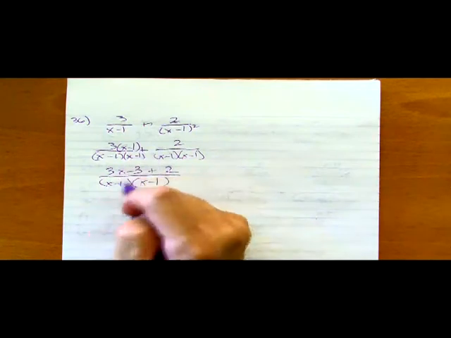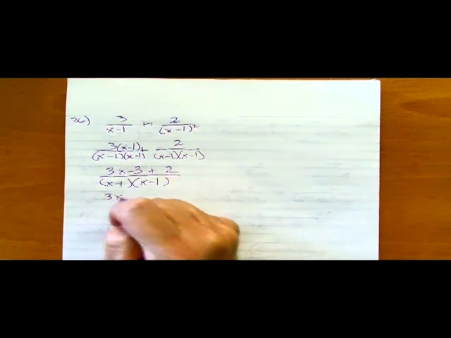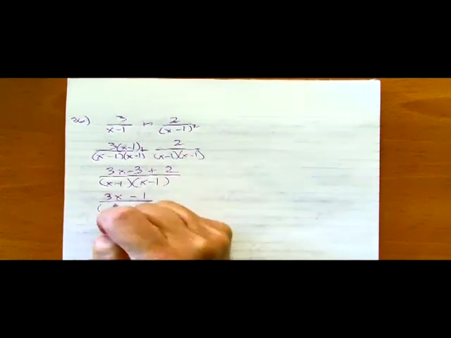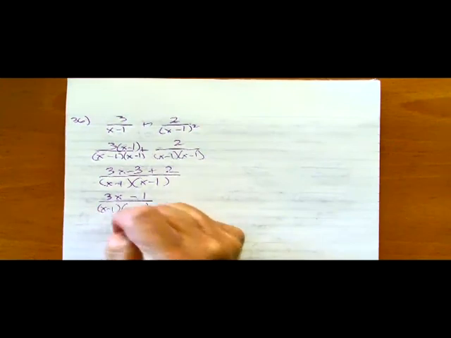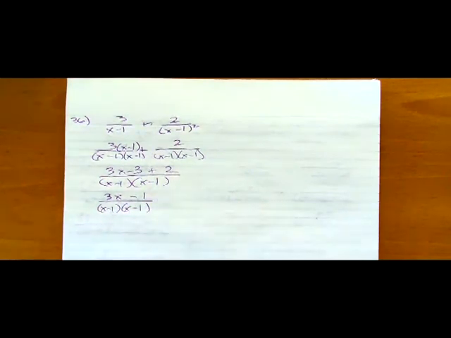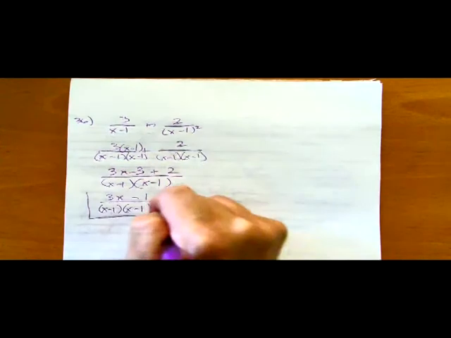So that'll give us 3x minus 1. There's no way to factor the top. We can't cancel because there's no common factor. It's just 3x minus 1. So this would be our solution.